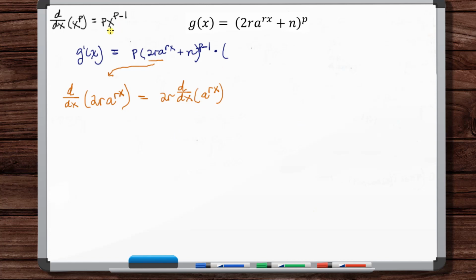This is an exponential. This is not x to a constant. This is a constant with an x in the exponent. And we've got the chain rule mixed in. So you have to start with what you know here.